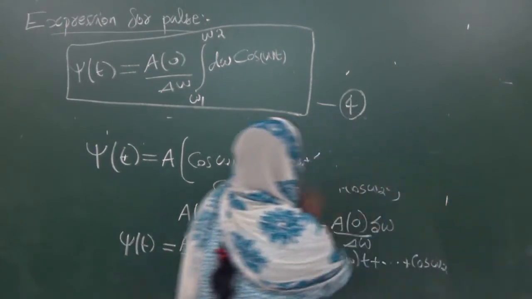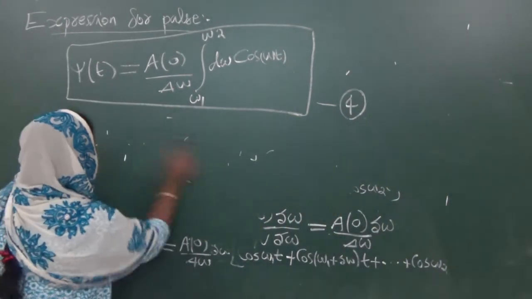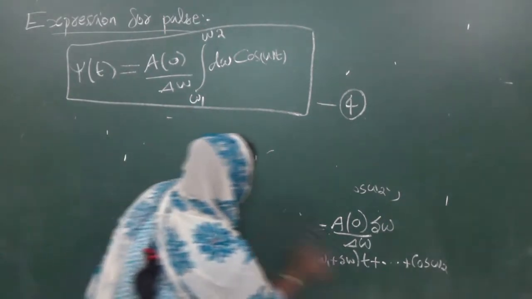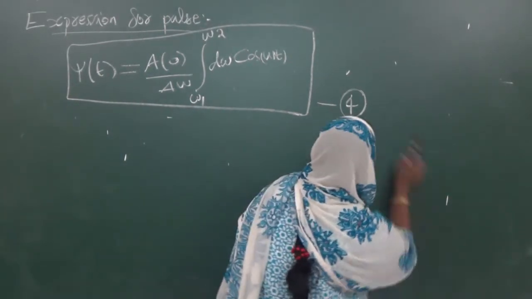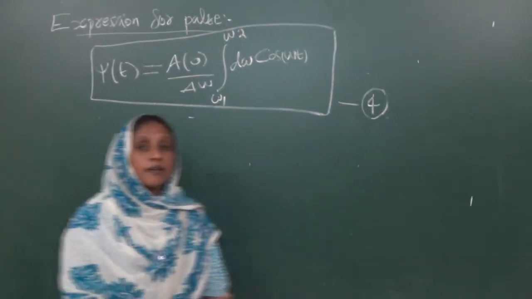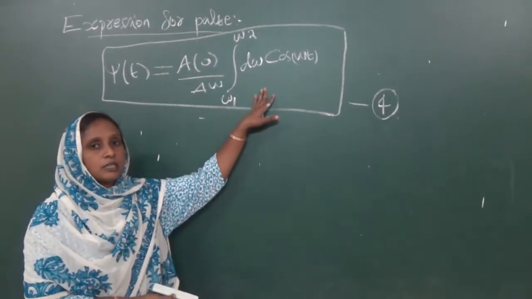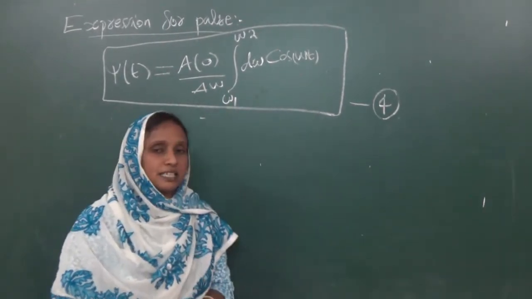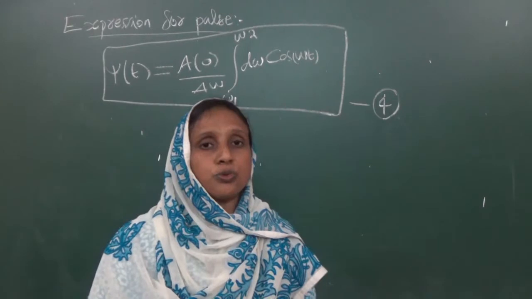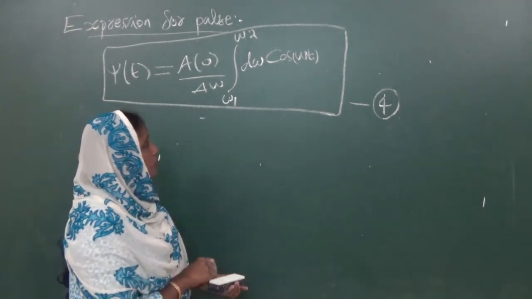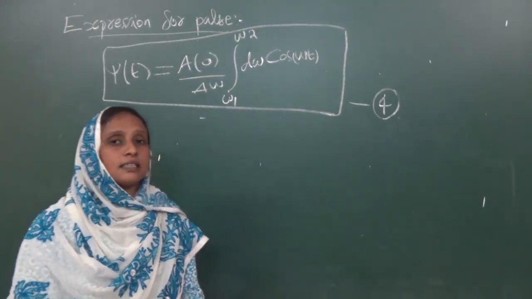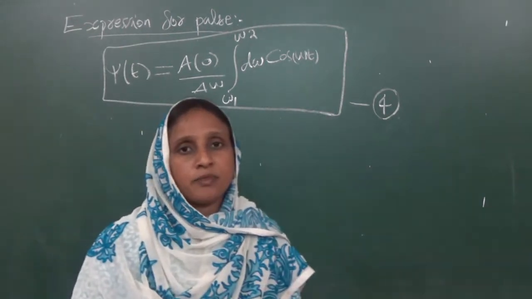So, we get the expression for the pulse in the form of an integral. The integral is given here. What is the peculiarity of this integral? That is what we have to check now. For that, consider the Fourier integral.